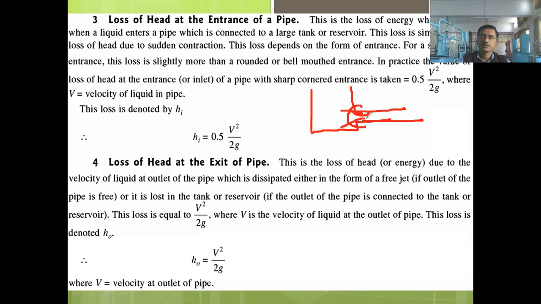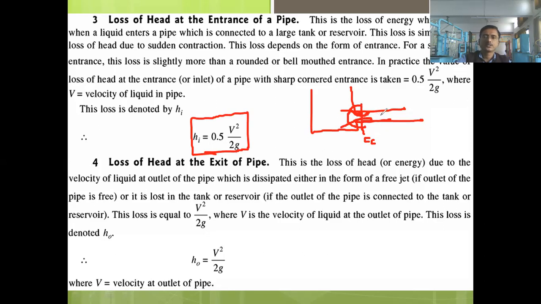Like in head loss due to sudden contraction, when going from the larger pipe to the smaller pipe, a contraction like this happens at this place. Coefficient of contraction, Cc, was observed here. So therefore we can use the same formula, that of the head loss due to sudden contraction.